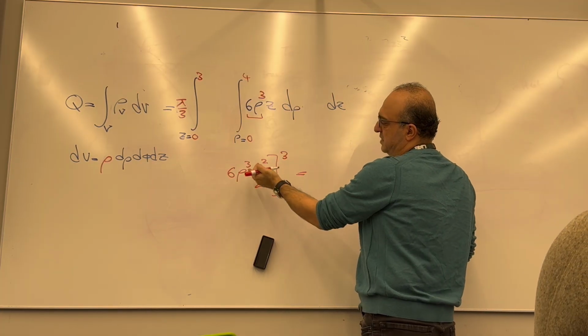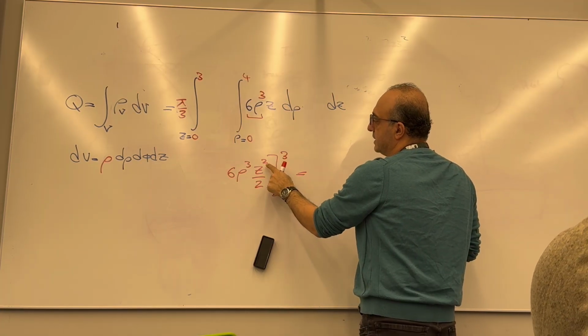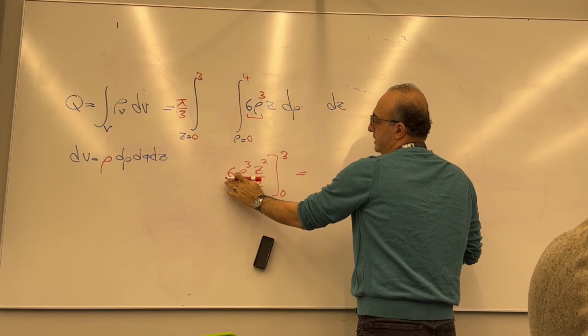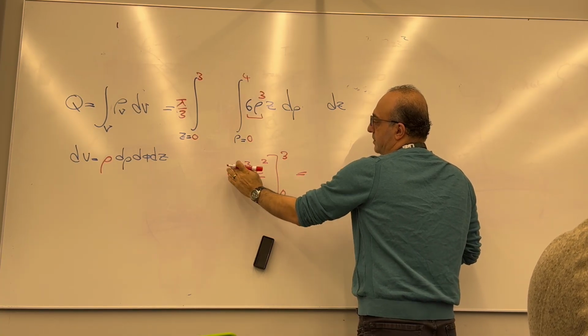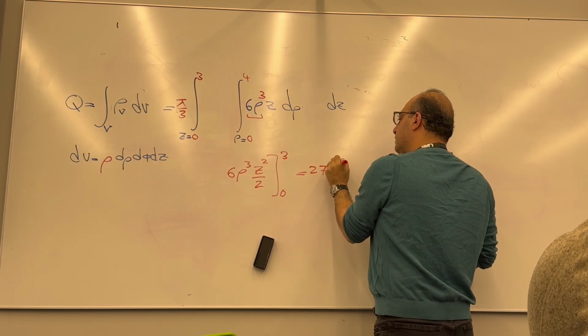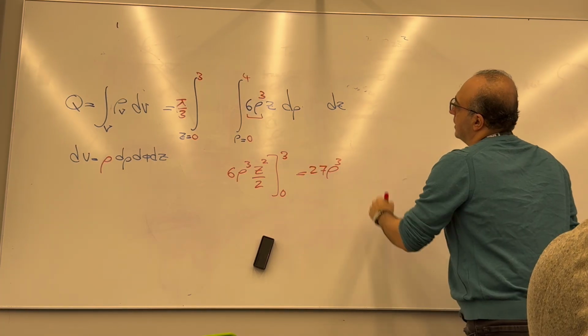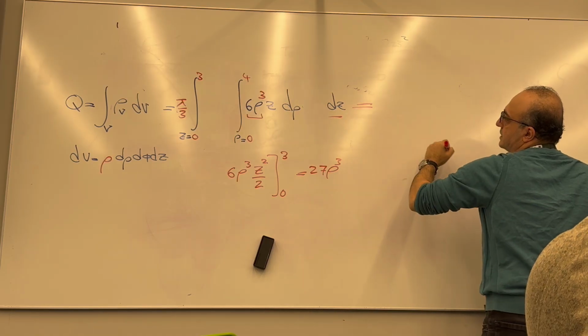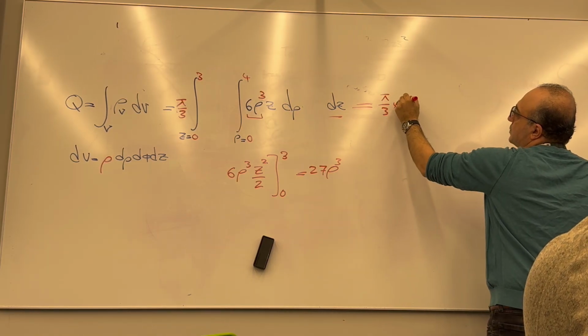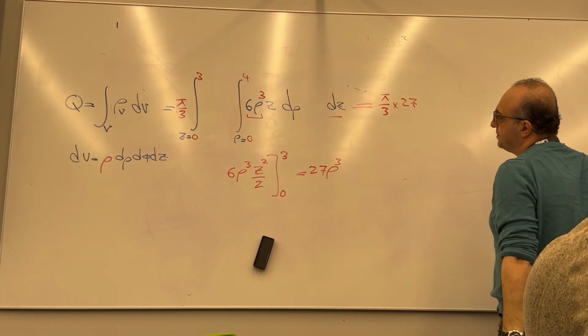The result for 0 is going to be 0, and for 3 it is going to be 9 over 2, and times 6 this gives 27 rho 3. Now we solve for this one. The result is pi over 3 times 27. I can take it out.